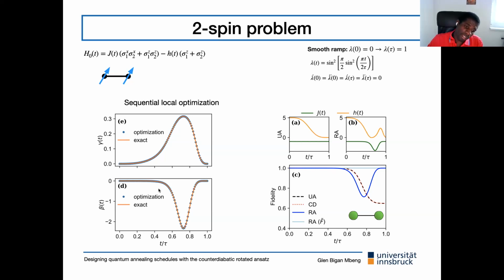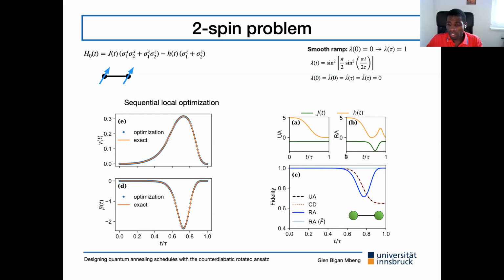And we compare the results we obtain by numerical optimization of the cost function with the exact results, and we find that the results match. And this is quite good because in harder problems, the exact results are not going to be available, and we are going to have to resort to some computation to compute them.